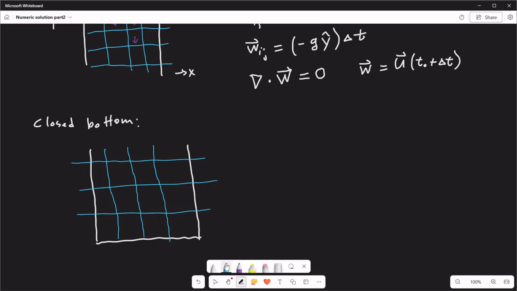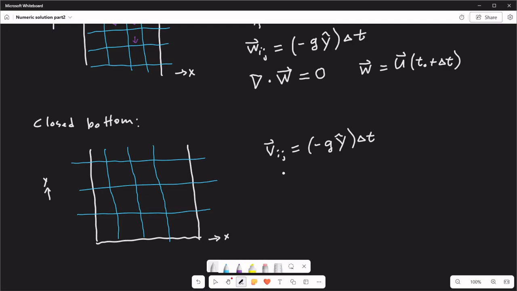The grid of cells, this is an X, this is a Y, and again the V vector ij is going to look the same as it did before, since it's the same equation, negative the gravity times the y hat delta t.